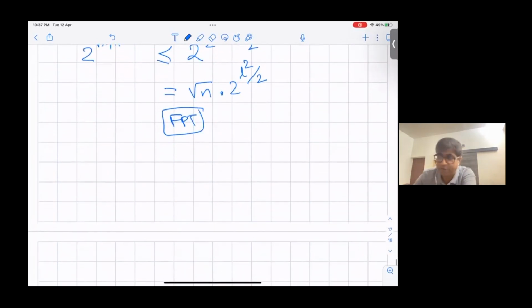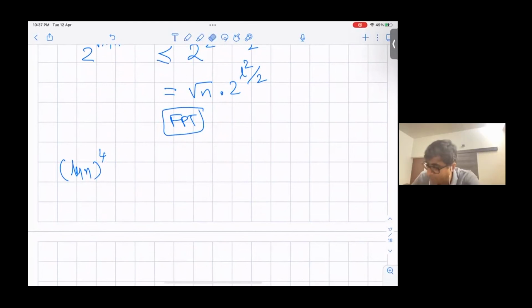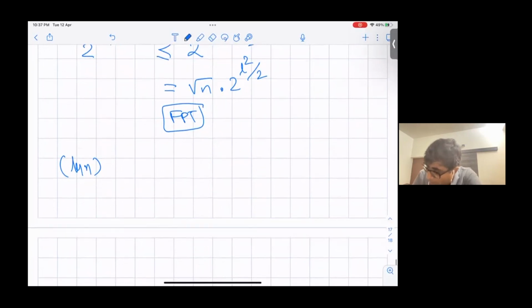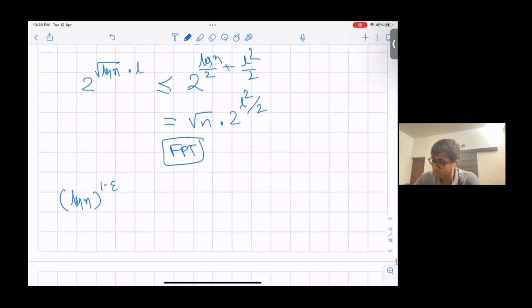All right, but if this is what we are going to apply, what would have happened if it would have been log n to the power, say, 4 by 5? All I'm saying to you, what happens if this is log n to the power 1 minus epsilon? What will we get then? Will this work then?